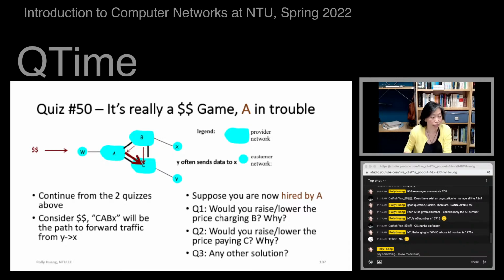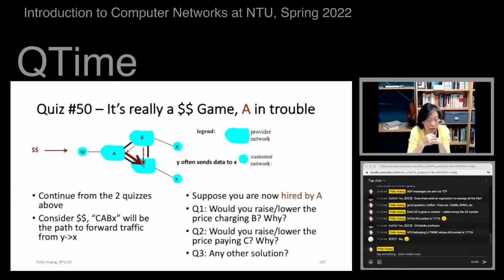So I'm actually continuing from the two quizzes above. You see the money flow being like this. B pays A and C. A charges B, but A pays C. The amount of money C is charging A and B, and A is charging B, are represented by the thickness of the arrows.